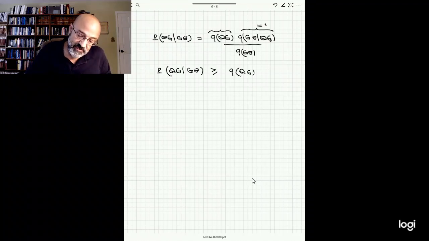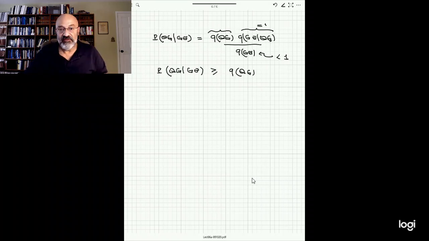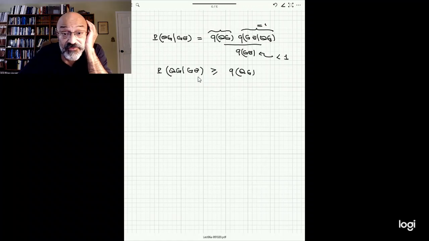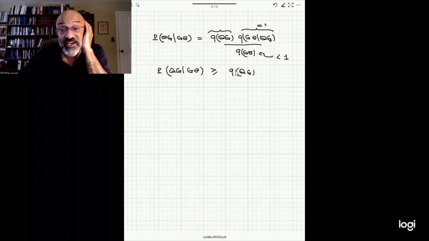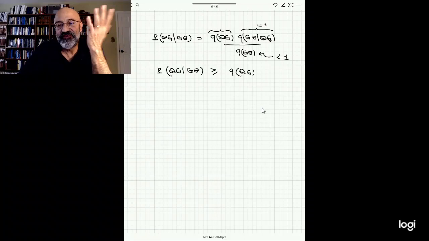Because after all, whatever there is down here is going to be less than 1. It's going to be somewhere between 0 and 1, so you're dividing by this. So in a sense, what this says is that, look, if you do observe a gravitational entanglement, you increase the probability that gravity has to be quantized. But really, we do not know by how much because we have no way to estimate that. What's the rate of false positives, right? We don't know those things.